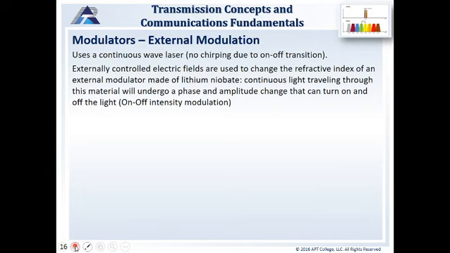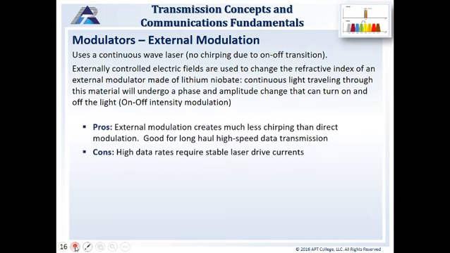For external modulation, we're using a continuous wave, so you have no chirping because the light is always on. Externally controlled electric fields are used to change the refractive index of an external modulator made of lithium niobate. You have a continuous light traveling through this material, and that light is going to undergo phase and amplitude changes that turn on and off the light.